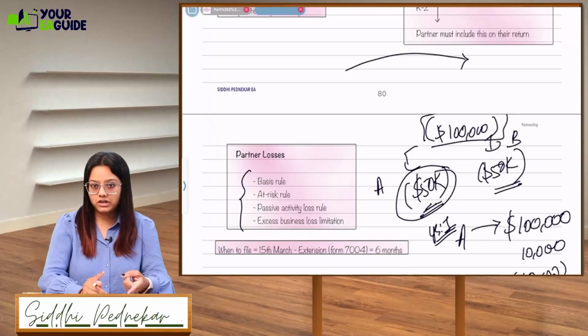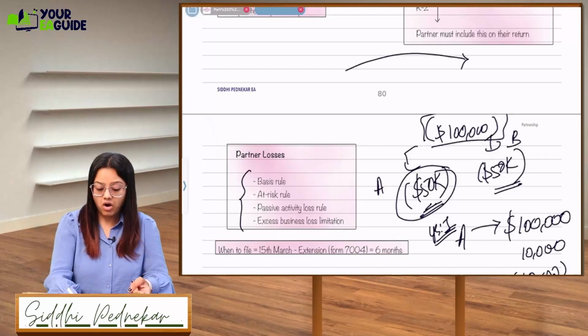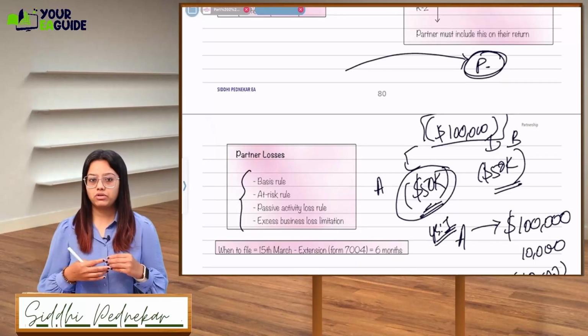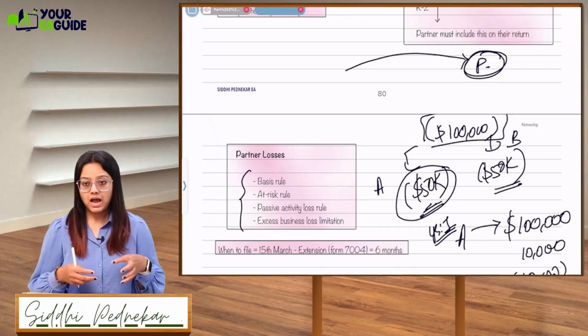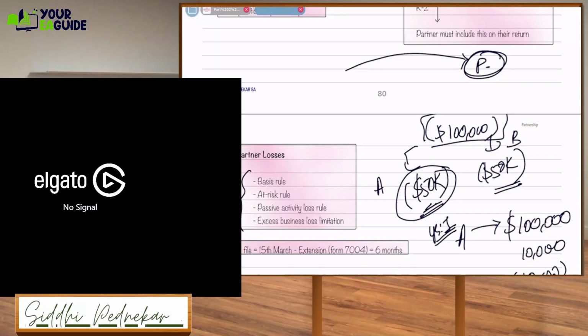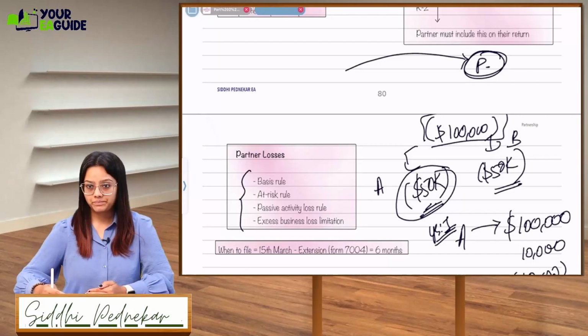Whether it will be exempt, whether he is going to include it as taxable, or whether the partnership firm is going to record anything, like what will be the basis. See, I am contributing, let's say, I don't have cash, but I have property. I have invested property into my business, right?